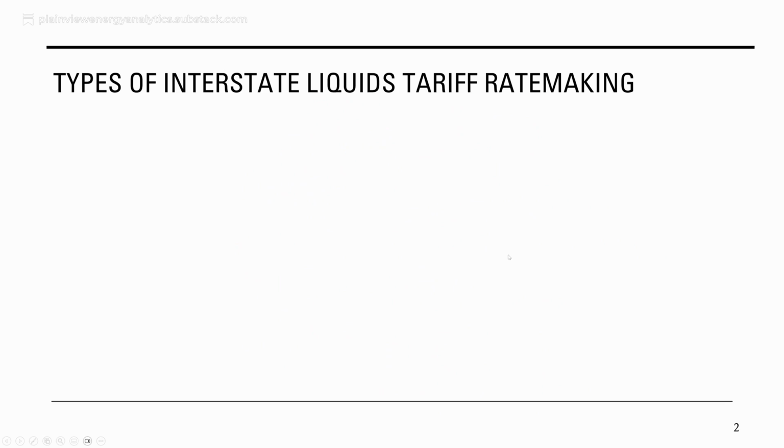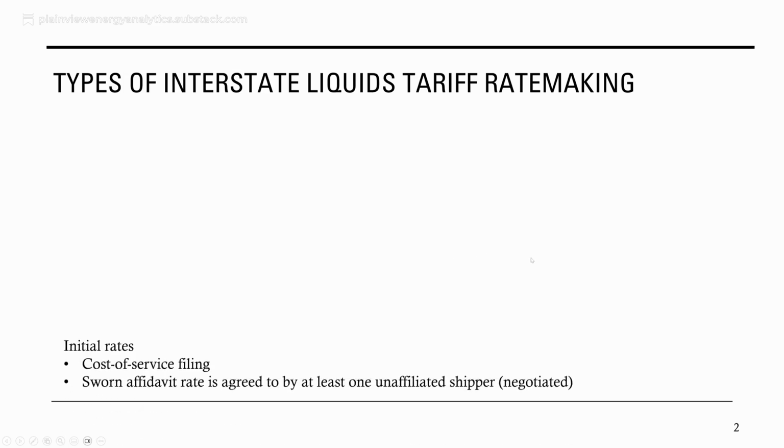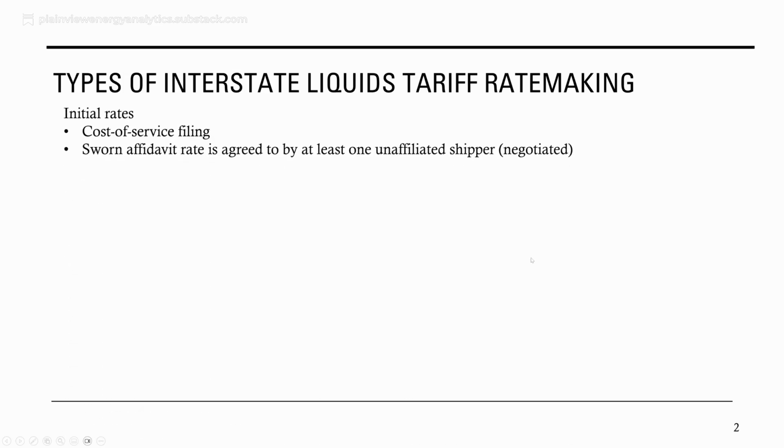Okay, so it's probably good to start off by talking about the different types of tariff and tariff rate making with liquids pipelines. Just to level set, when a liquids pipeline comes online, they have to do an initial rate filing.